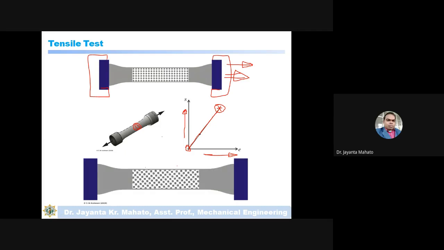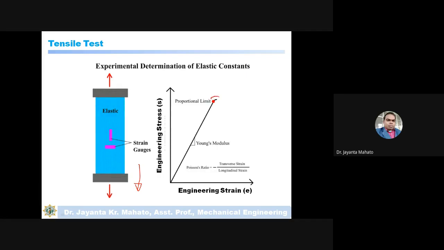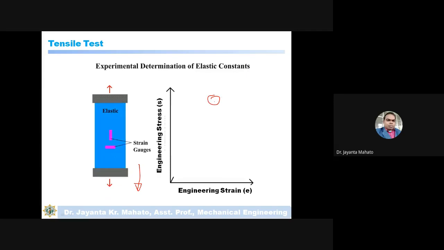Now suppose you stretch the material more by applying more and more force, and go past this proportional limit. Proportional limit means from this limit, if you unload the material or release the stress, then the material will come back to the zero or original size.